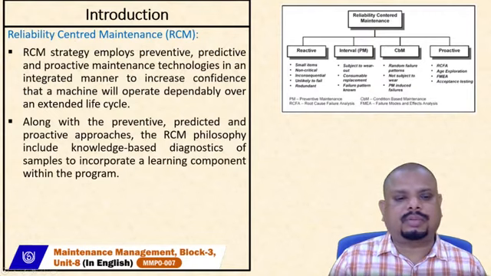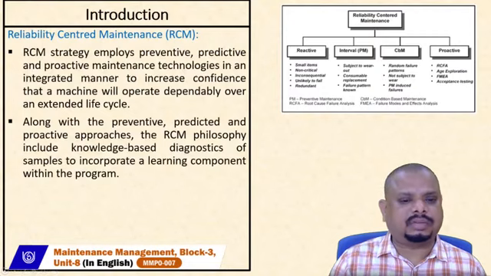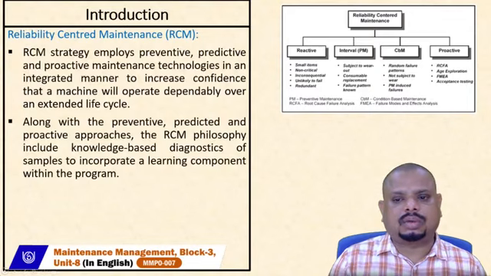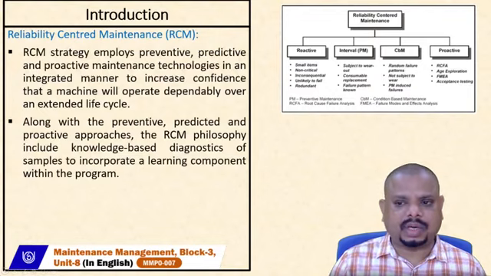Along with the preventive, predictive and proactive approaches, this RCM philosophy includes knowledge-based diagnosis of the samples to incorporate a learning component within the programs. Most of the cases, it is employed for preventive maintenance, predictive maintenance, as well as proactive maintenance.